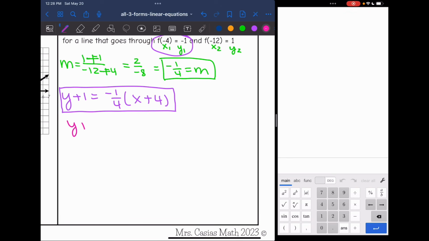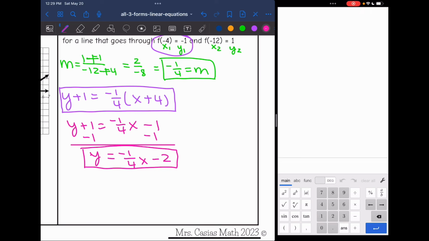So it'll be y plus 1 equals, I'm going to distribute the negative 1/4. Negative 1/4 times x is negative 1/4 x. And negative 1/4 times 4 is negative 1. And then to get the y by itself, I would subtract 1. And I get y equals negative 1/4 x minus 2 for the slope-intercept form equation.